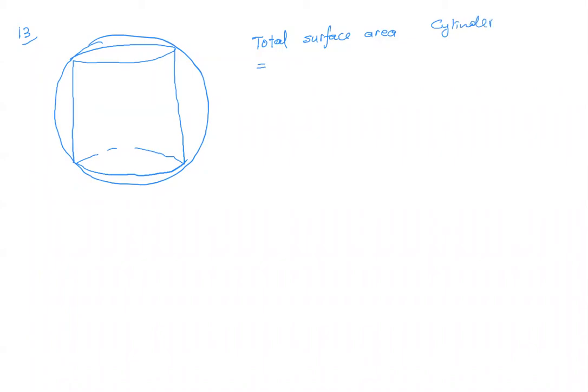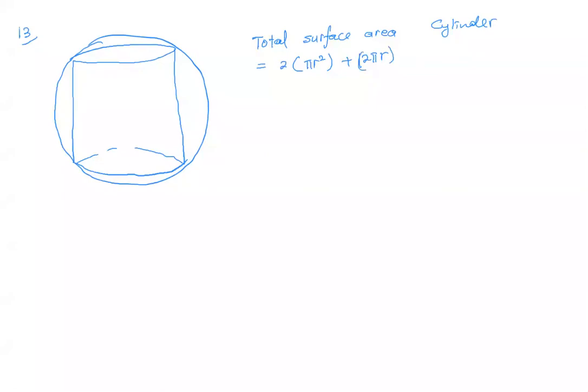Okay, 3. So 2 are circles, am I right? Area of a circle. And the curved surface is a rectangle, am I right? 2 pi r is the circumference.